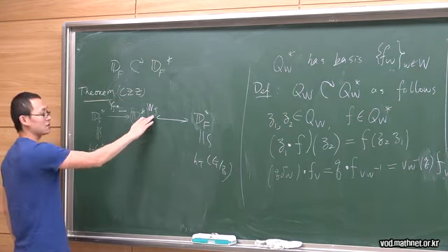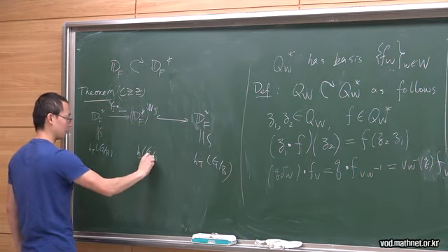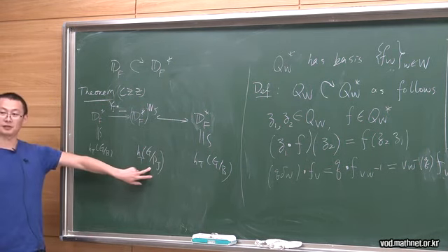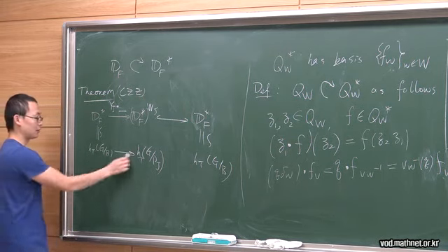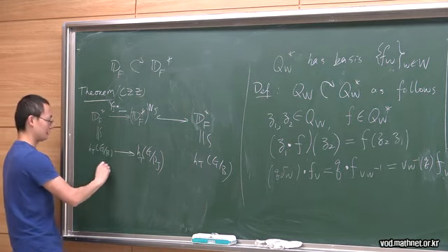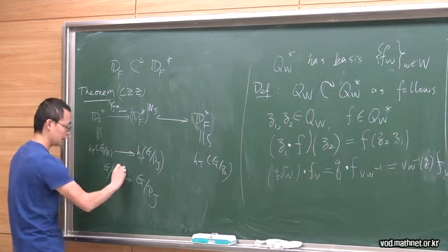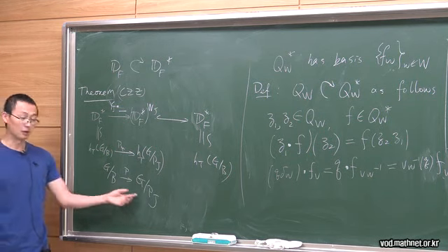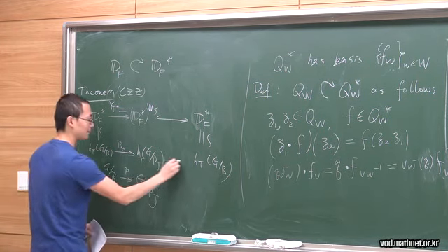Now, we know each j defines a parabolic subgroup. Borel is contained in the parabolic, so you have a canonical projection p, and because this is a proper map, you have a push forward. Now, you also have pullback.